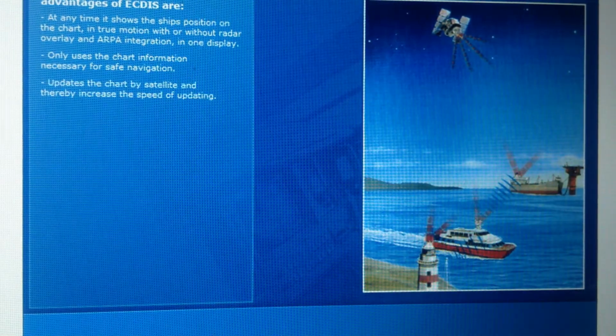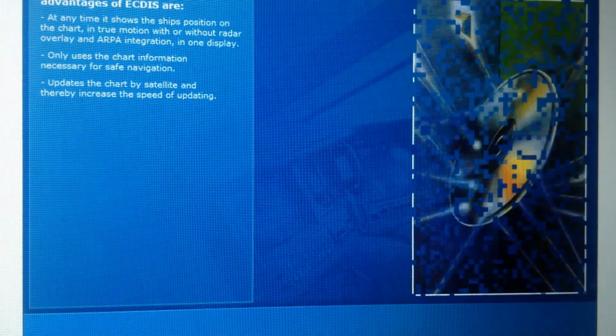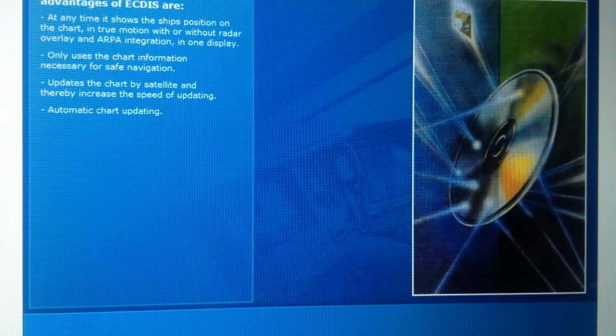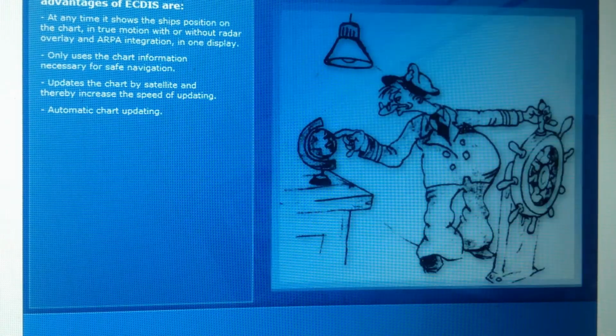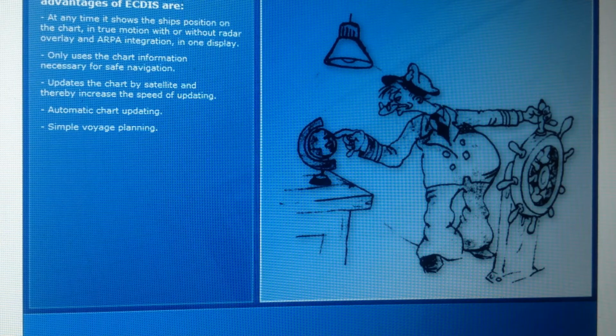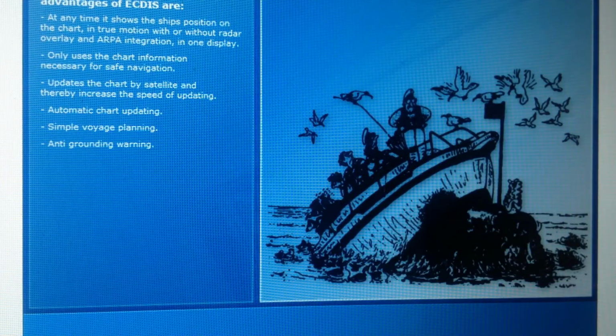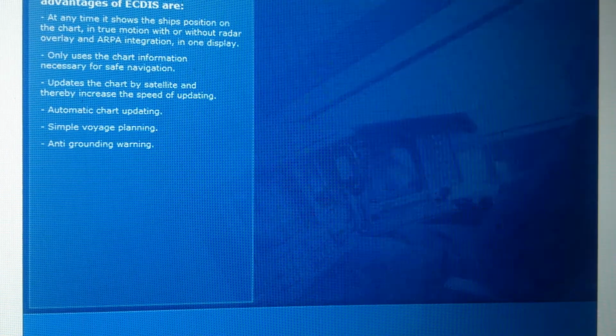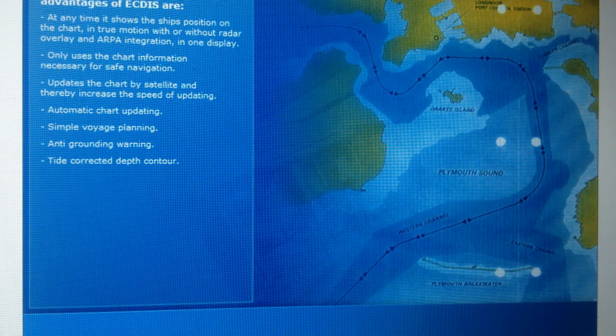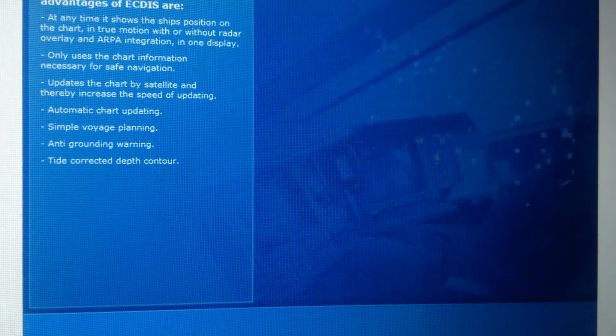Updates the chart by satellite and thereby increases the speed of updating. Automatic chart updating. Simple voyage planning. Anti-grounding warning. Tide corrected depth contour.